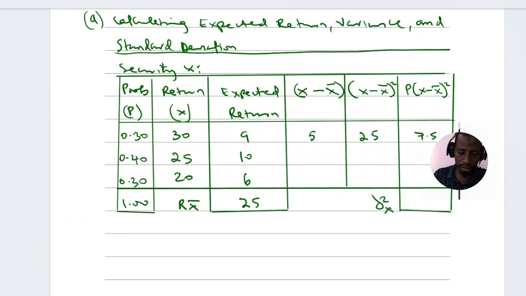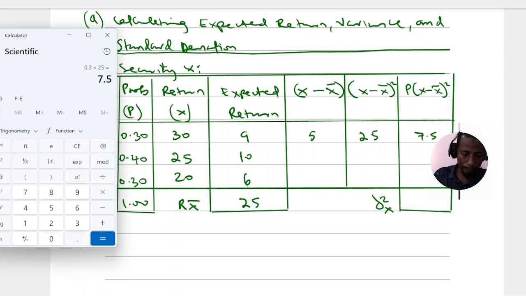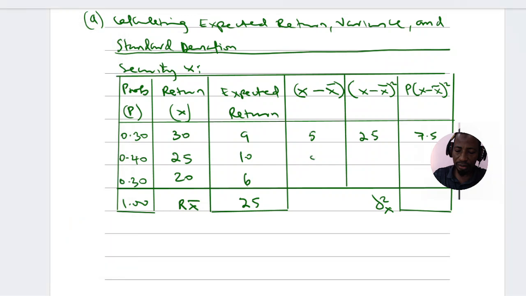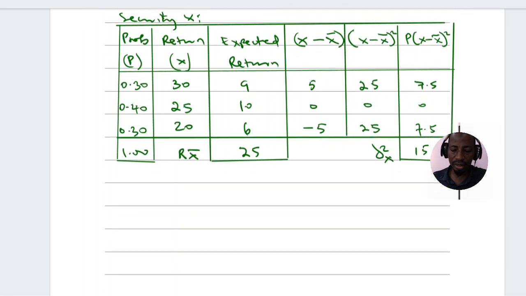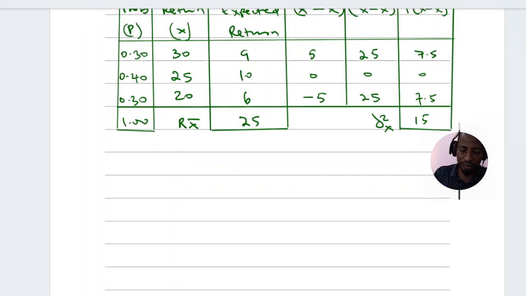The next one, 0.4 multiplied by the difference between 25 and 25 is 0. 20 minus 25 will give us minus 5. Minus 5 squared is 25. 25 multiplied by 0.3 will give us 7.5. 7.5 plus 7.5 will give us 15. So the variance of security X is 15.